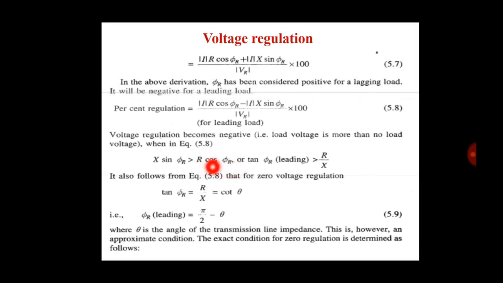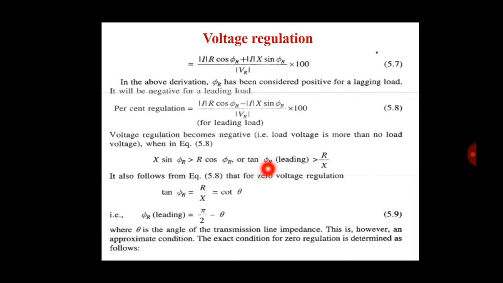So X goes to the downside and cos phi r goes to the downside. So the ratio of R by X, and sin phi r divided by cos phi r is equal to tan phi r.